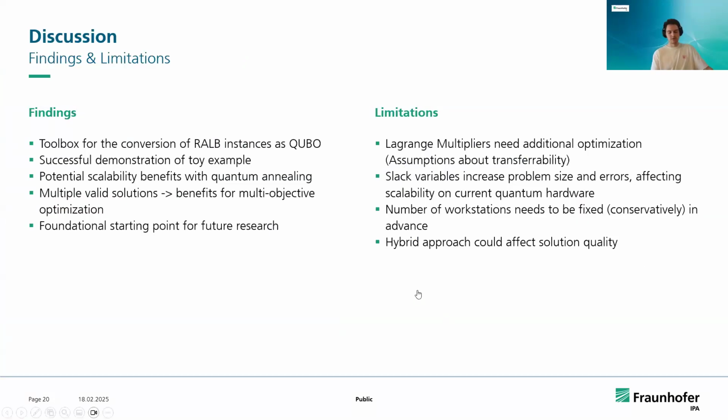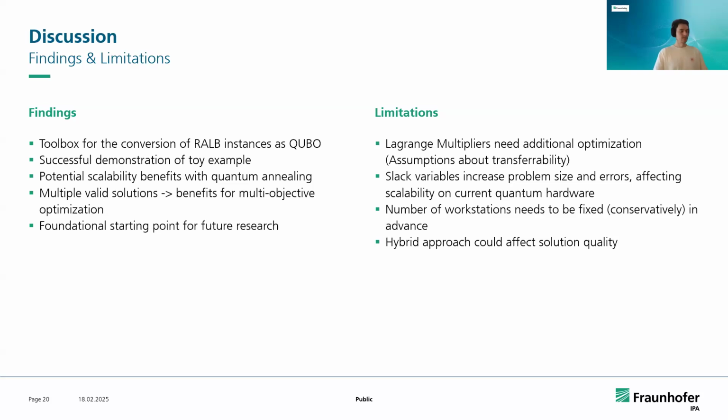We were able to formulate the problem as a QUBO, and were successful in demonstrating on a toy example, a very small example. And we might suspect some scalability benefits with quantum annealing. And also because we're solving a sampling problem rather than an optimization problem, we might get some benefits for multi-objective optimization by already having access to more samples.